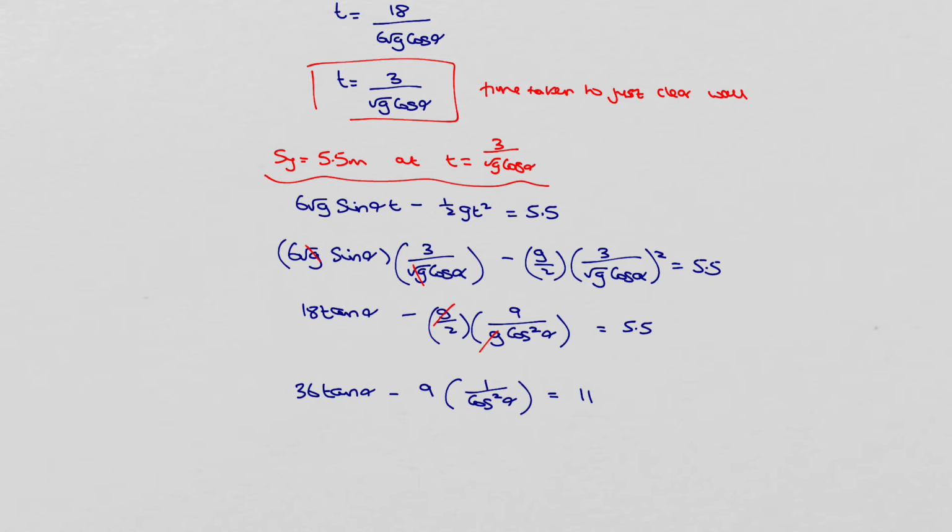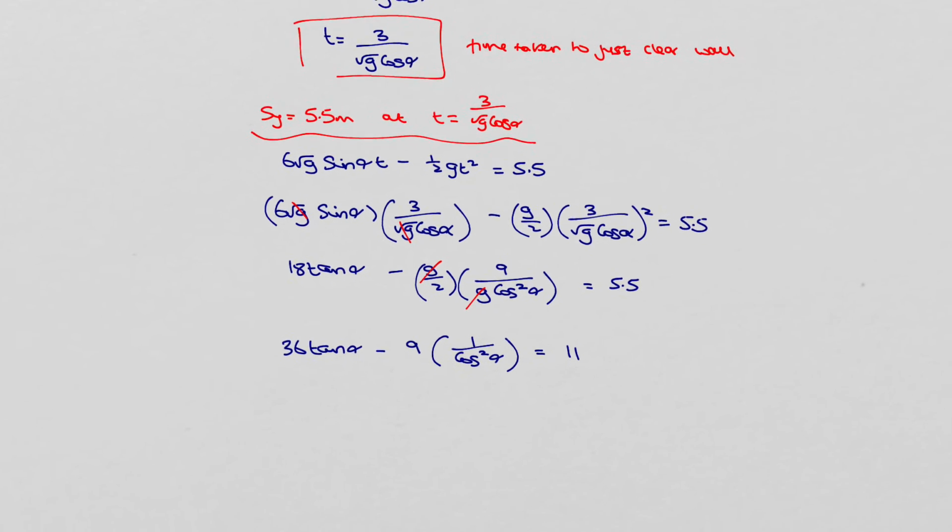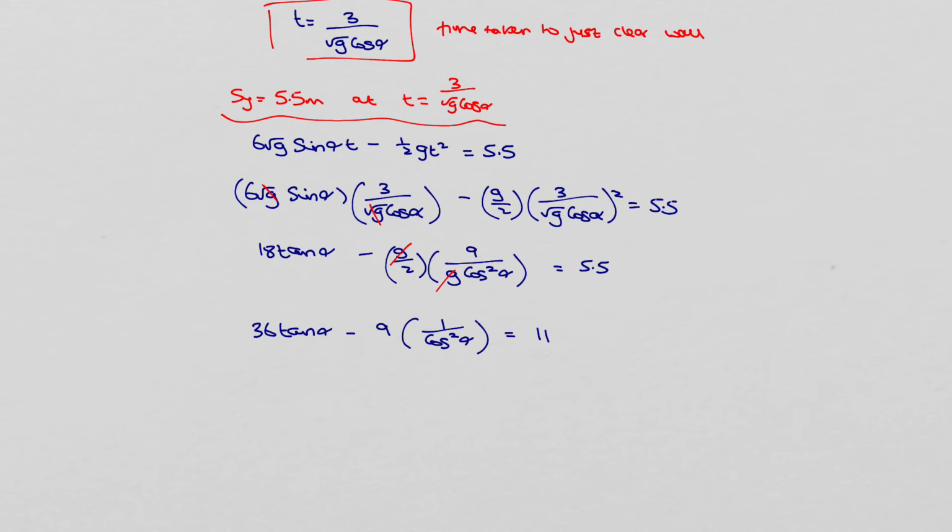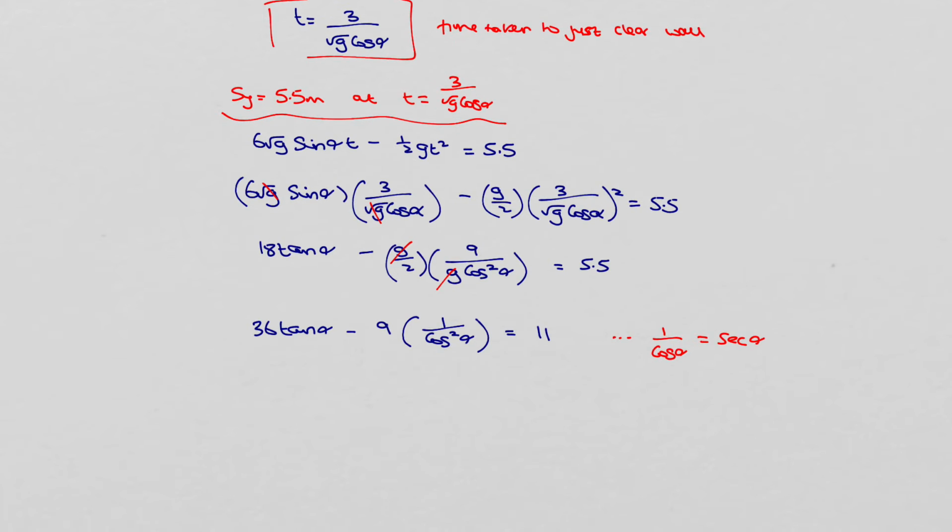We need to have this in terms of one trig ratio, not tan and cos. If we go to page 13 in our maths tables, we see that 1 over cos gives us sec. So 1 over cos squared alpha gives us sec squared alpha, and sec squared alpha is equal to 1 plus tan squared alpha.